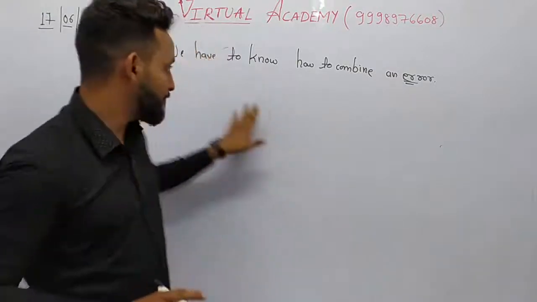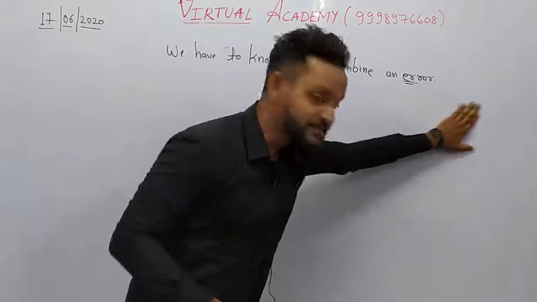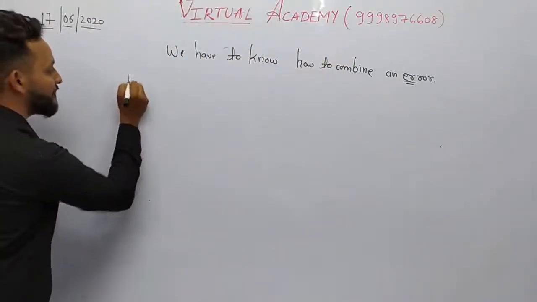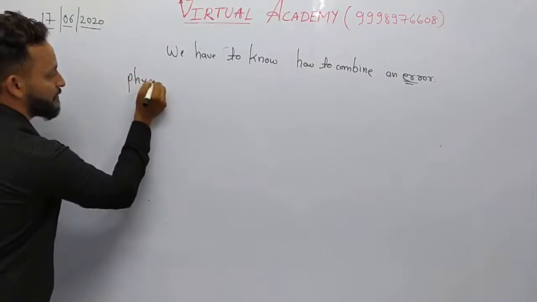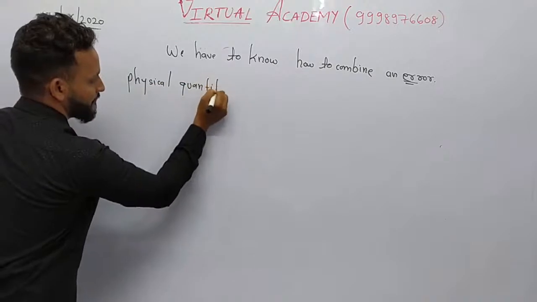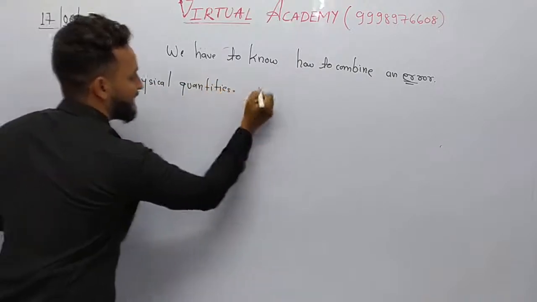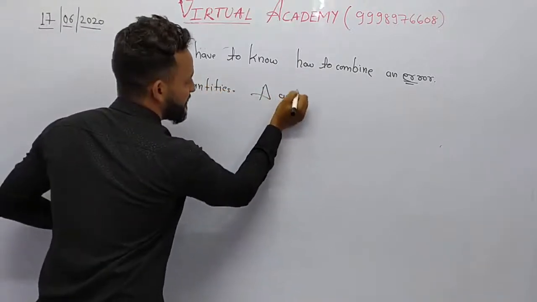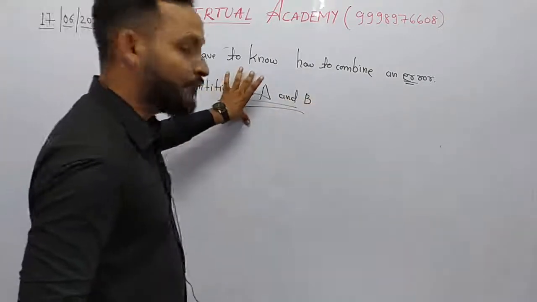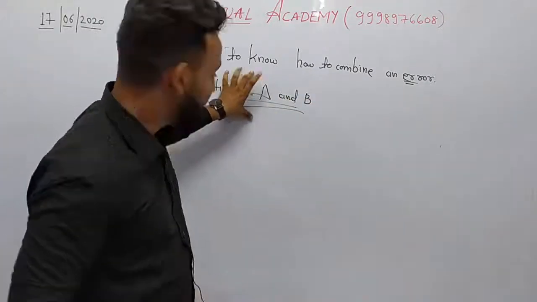Clear? Before starting that, we have 2 physical quantities. A and B both are what? Physical quantities. And now we have to measure those quantities.